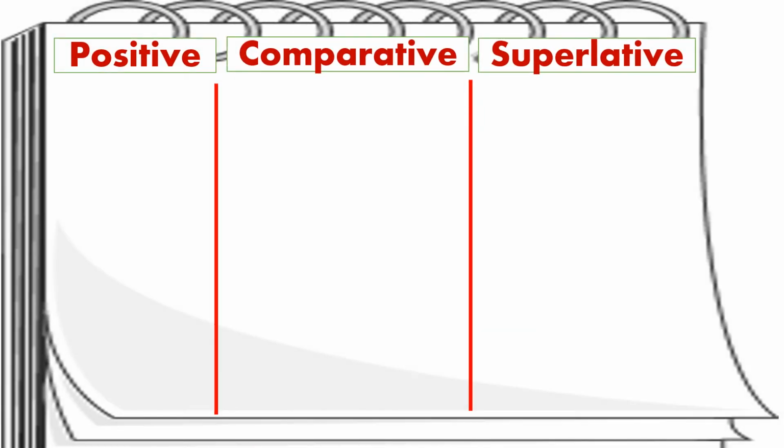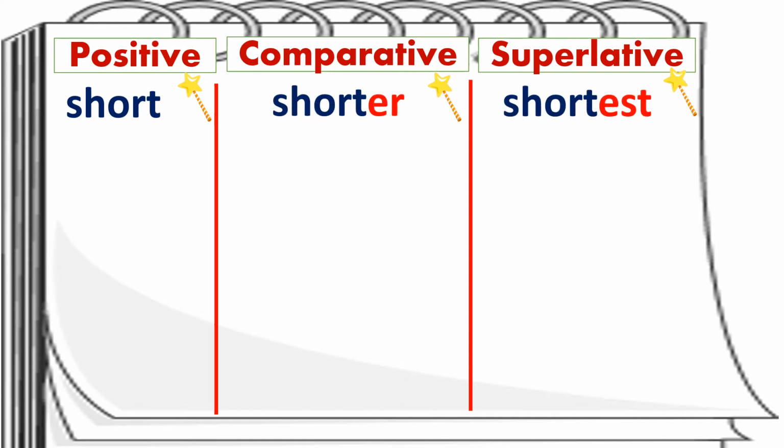We are now going to do some examples of comparing adjectives. Now the adjectives we just did, we have a special name for each category. So we have positive, comparative, and superlative. Now the names sound like big words, but it is the same thing that we were doing all the time. For example, short, shorter, shortest.